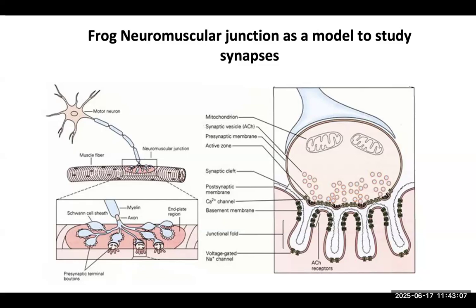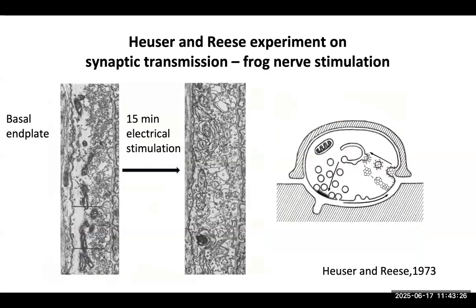So we'll look into some of the classical experiments that were done using this model system, where they had a frog neuromuscular junction, or this is called a frog muscle, or an end plate, and a motor neuron making synapses onto these end plates. Okay, so we'll study that. All right, so the first experiment that I want to talk about is to understand how synaptic transmission, or synaptic vesicular release, occurs.